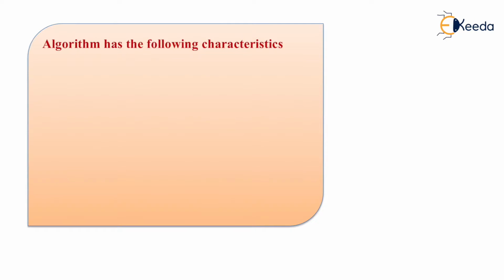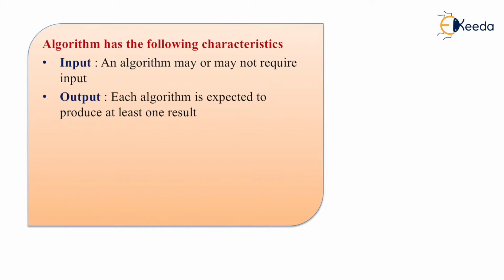An algorithm has the following characteristics. First, input. An algorithm may or may not require input. Second, output. Each algorithm is expected to produce at least one result.